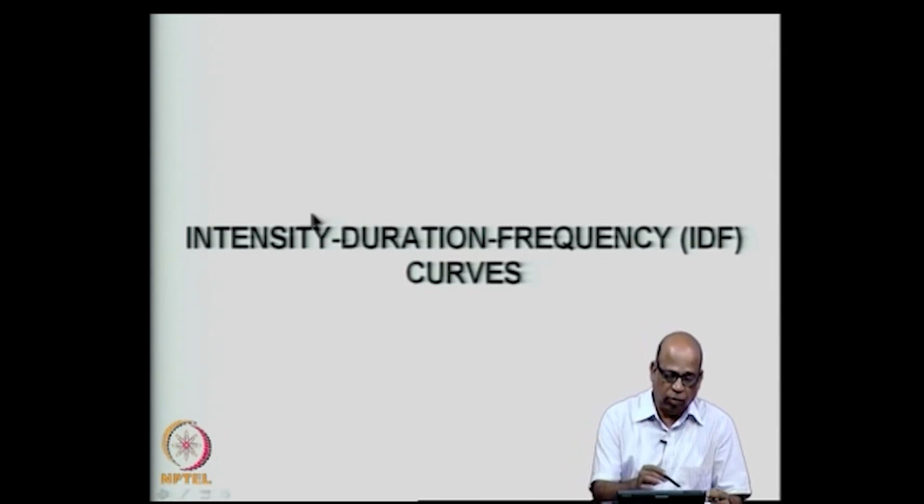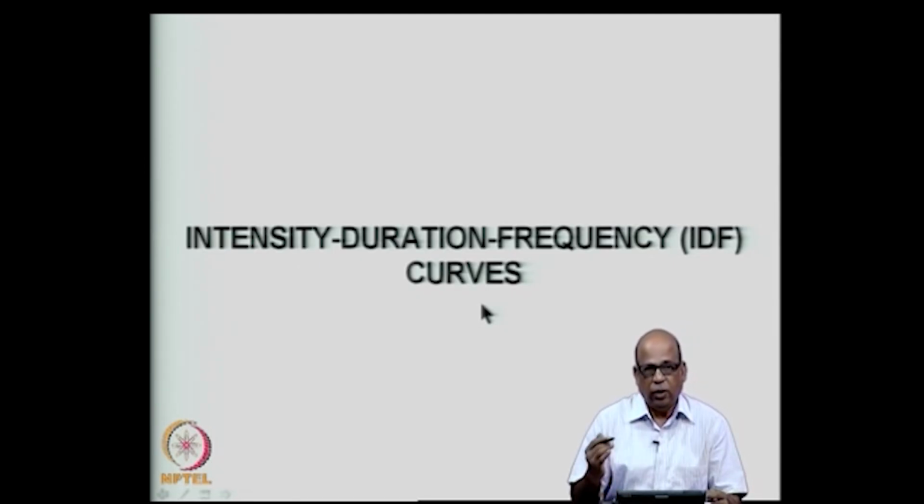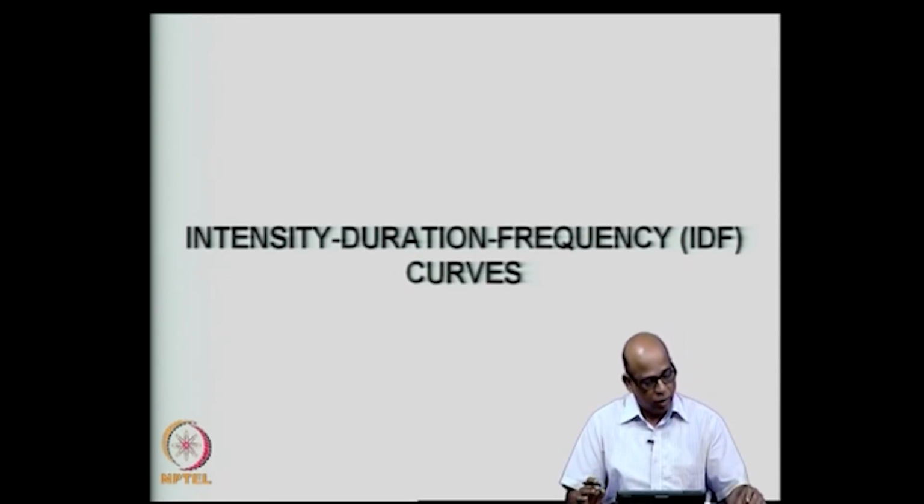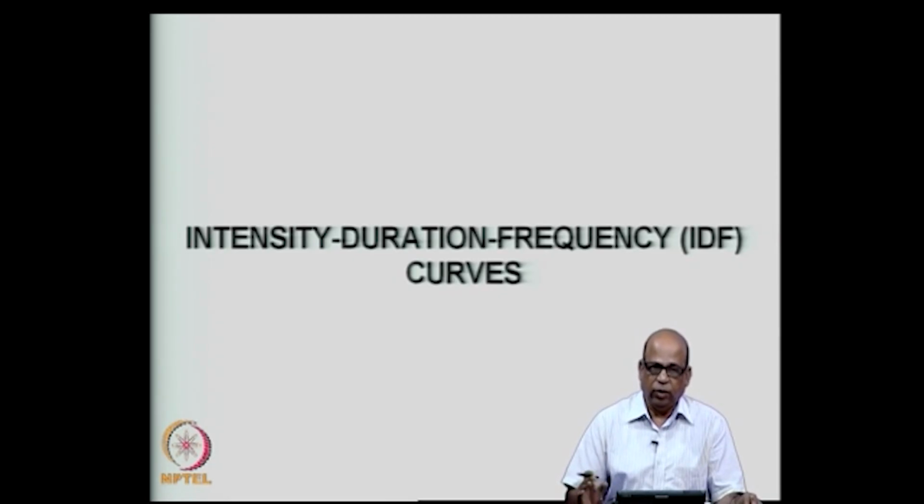So, we need to develop for a given location the IDF relationships and use these IDF relationships for that location as inputs to your hydrologic designs. We will see today how to construct the IDF relationships based on the data, and also use some empirical relationships which are derived for various regions, and we will specifically look at the regions within the country.